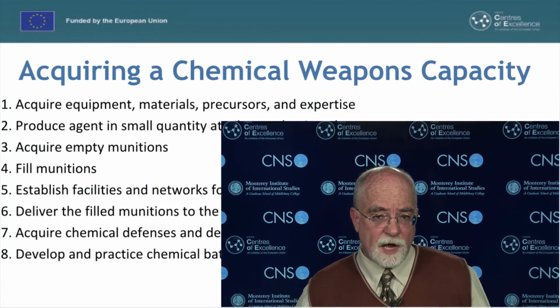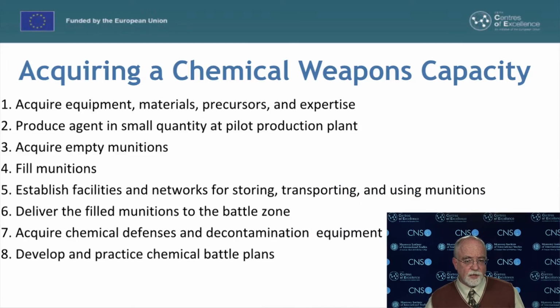Even after the group has acquired the equipment, materials, precursors, and expertise needed for agent production, it would need to do the following: produce agents in small quantities at a pilot production plant to test the production process, then produce them on a large scale.